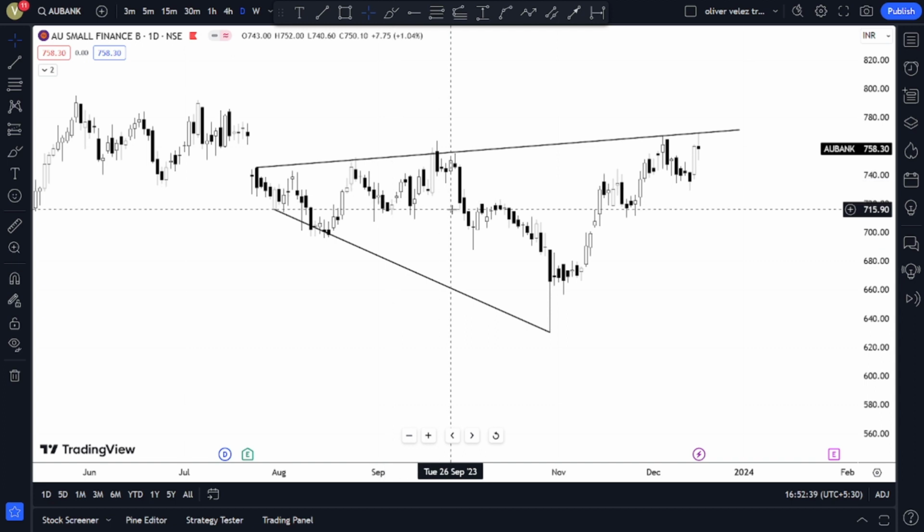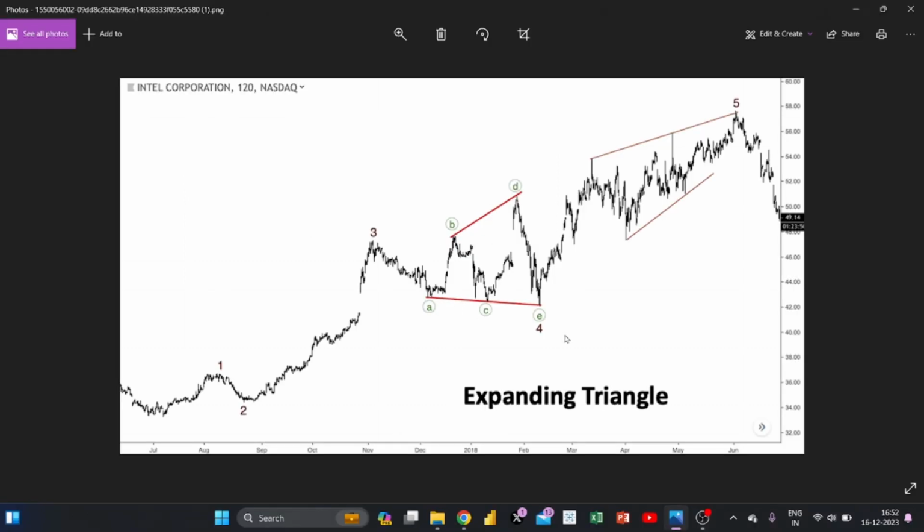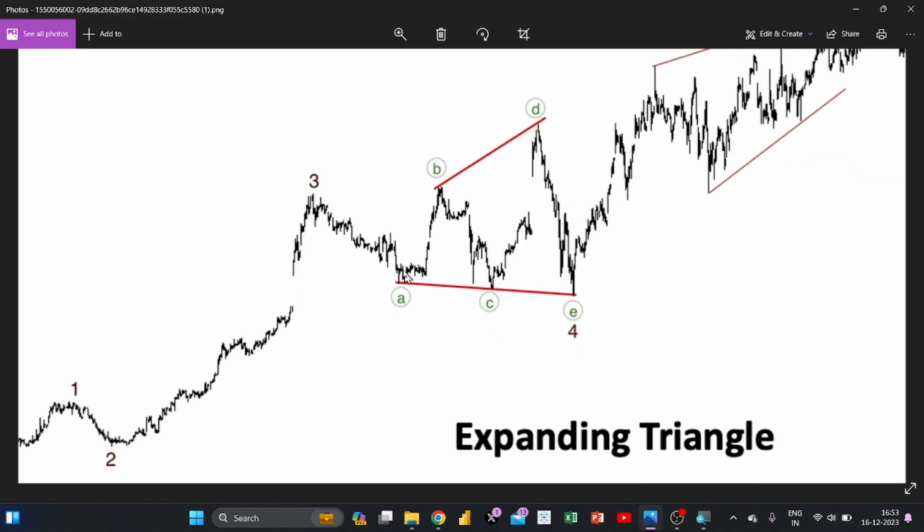Guys who don't know what an expanding triangle is, quickly I will show them. So this is an expanding triangle. You can see the price gradually expanding. The first low is here, the second low is below this low, and the third low is below that low. The first high is below this high, and the second high is above this high.